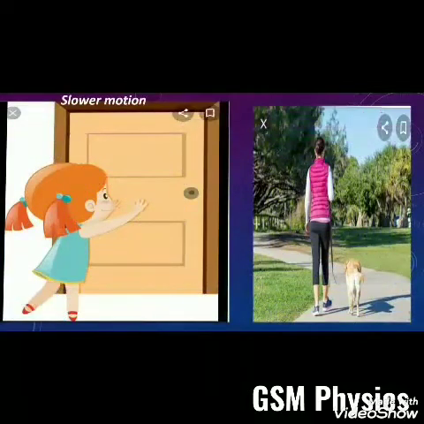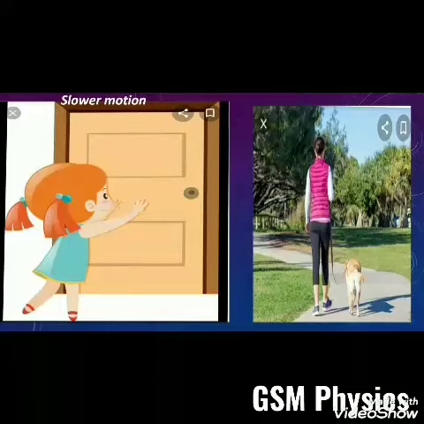Opening and closing a door and walking on the road are always done slowly. Therefore, these are examples of slower motion. That appears as slower motion there. And there are some more examples like sunsets and sunrises.